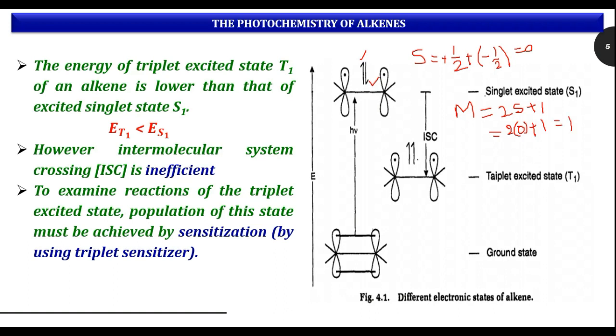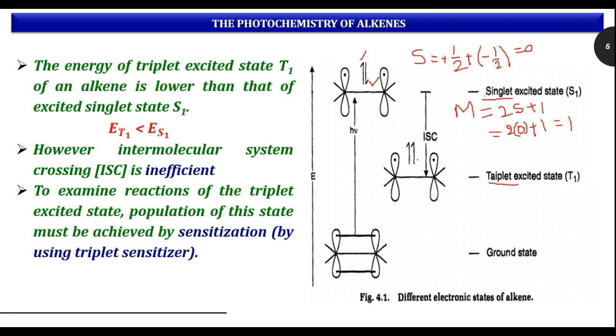Therefore, this excited state is called the singlet excited state. Here you can observe this is called the triplet excited state. The triplet excited state is present below the singlet excited state, meaning it has lower energy.